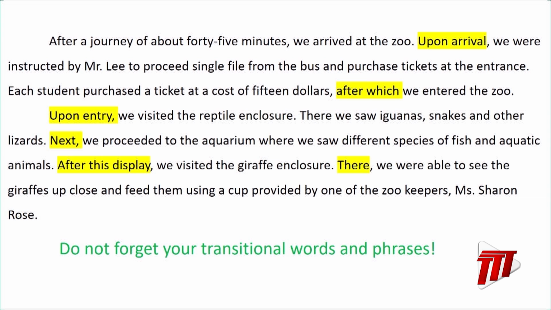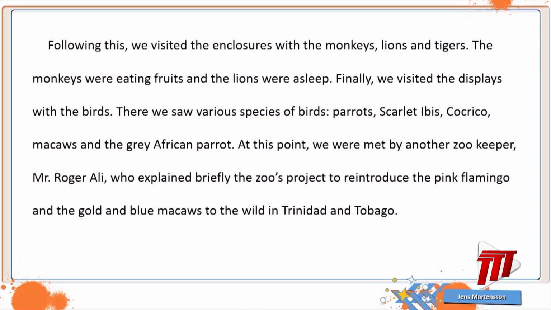Upon arrival, after which, upon entry, next, after this display, and there. These are all transitional words that we can use in our reports. Additionally, we can use the words next, firstly, lastly, secondly, and so on. I am sure that your teacher would have done other transitional words and phrases with you.